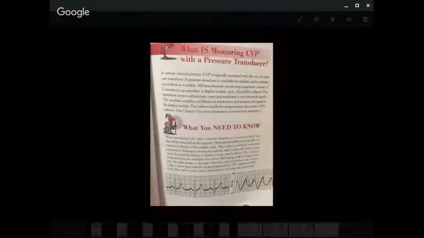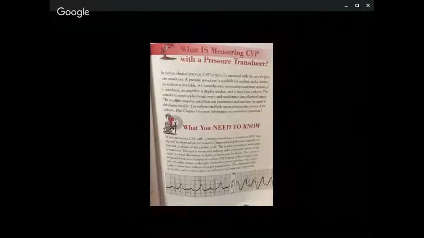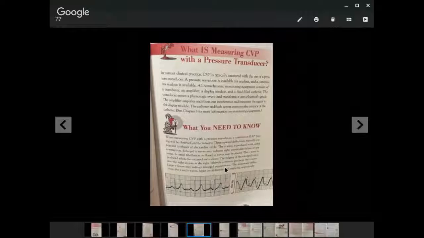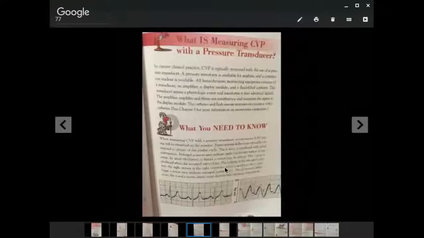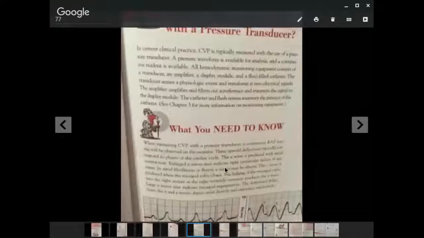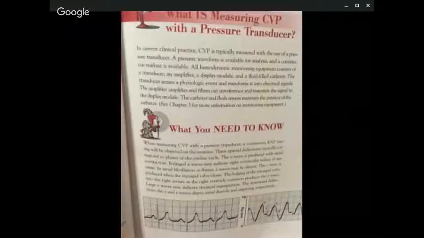What is measuring CVP with a pressure transducer? In current clinical practice, CVP is typically measured with the use of a pressure transducer. A pressure waveform and readout are available for analysis. All hemodynamic monitoring equipment consists of a transducer, an amplifier, a display module, and a fluid-filled catheter.